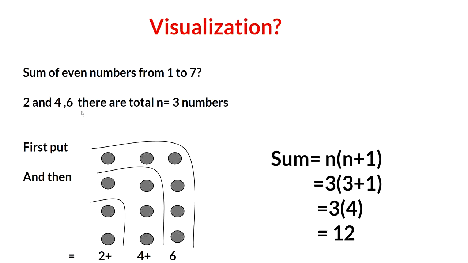It's 2, 4 and 6. Total 3 numbers. So you draw 1, 2, 1, 2, 3, 4, 1, 2, 3, 4, 5, 6. You have drawn all the even numbers and the answer is 12. I have not applied any formulae, and in the sidebar I have just explained it to you, but using this pattern you try to arrive at the result.